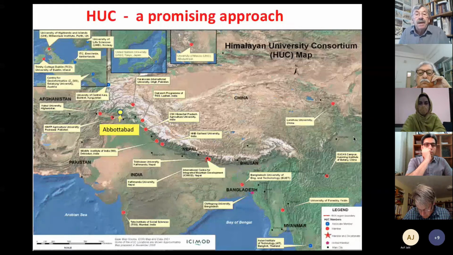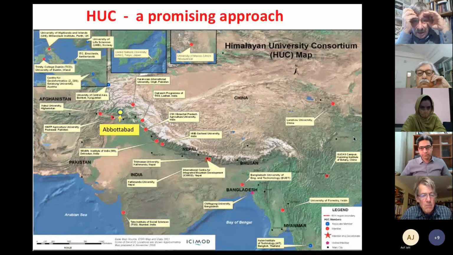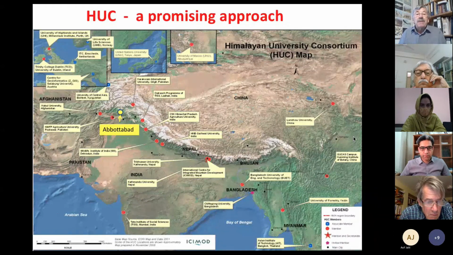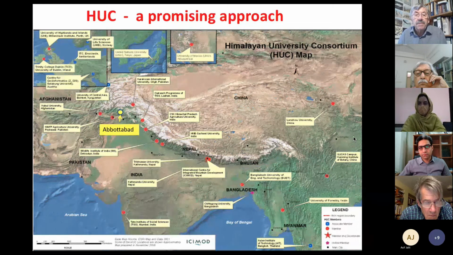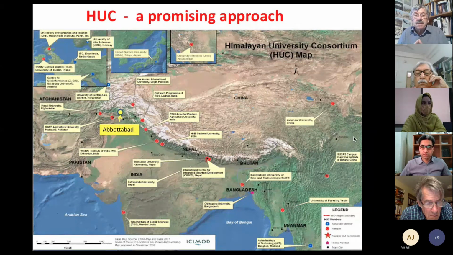I have outlined here Abbottabad. By the way, KIU is mentioned as well, Peshawar as well, and many others, but there are many, many more. I have outlined Abbottabad because in 2013, there was a very fundamental conference by ICIMOD in Abbottabad focusing on Himalayan University Consortium.